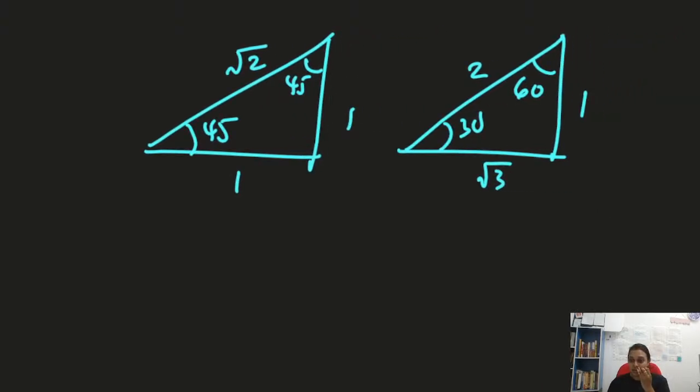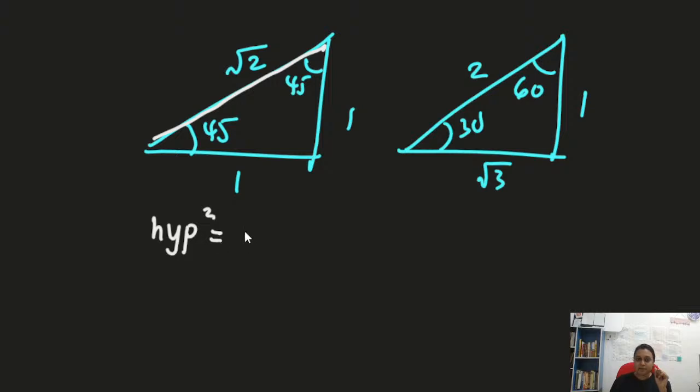Teacher and calculator can convert number bulat to surd. Convert number bulat to surd. How you want to convert to surd? Because yang ni, actually how you get the surd? Because of the Pythagoras theorem. Kita guna theorem Pythagoras.